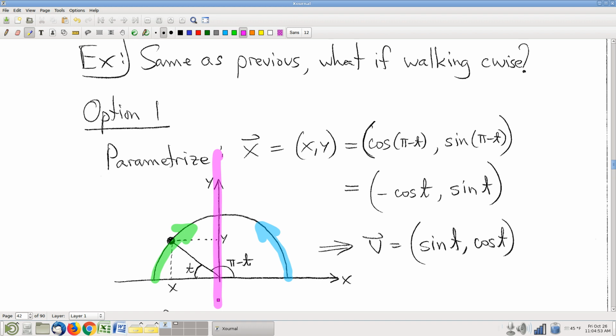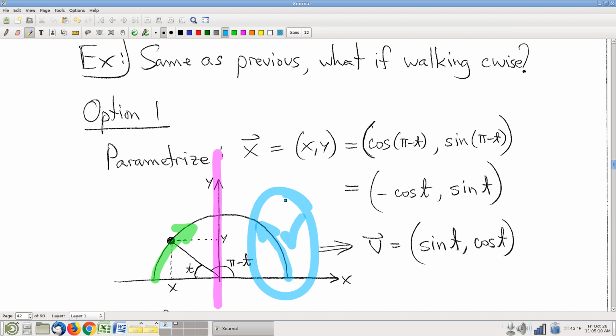That one we already know: cosine t, sine t. The green parameterization that I want is exactly the mirror image over the y-axis of cosine t, sine t.